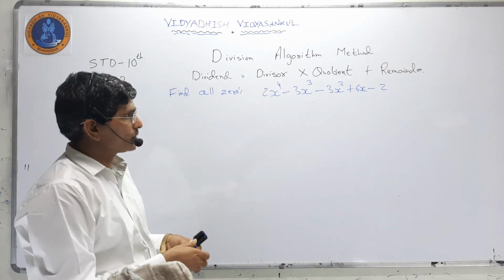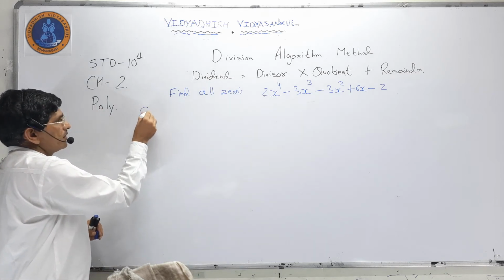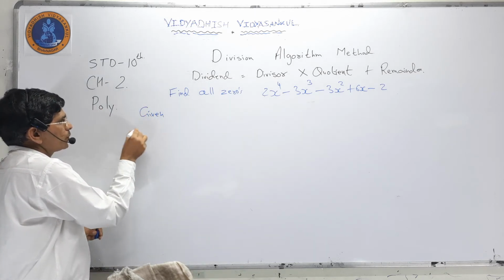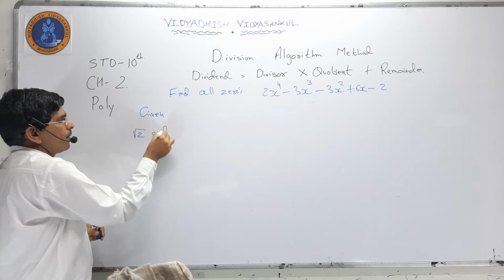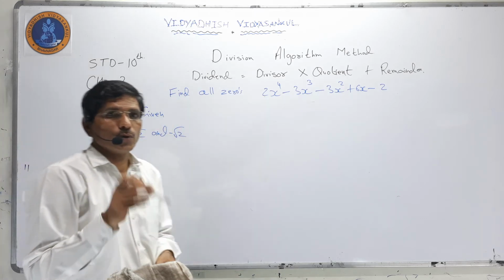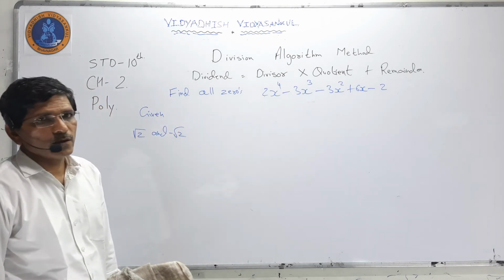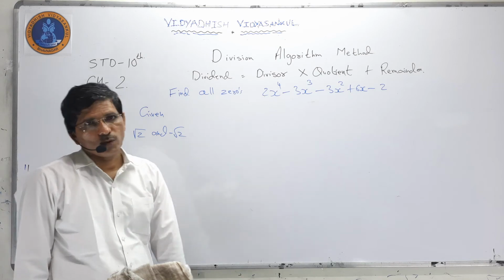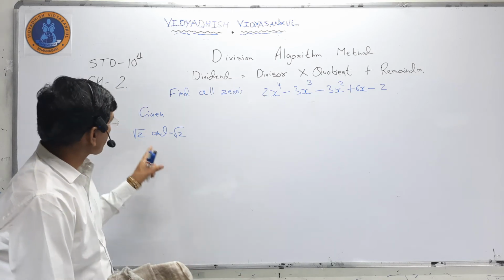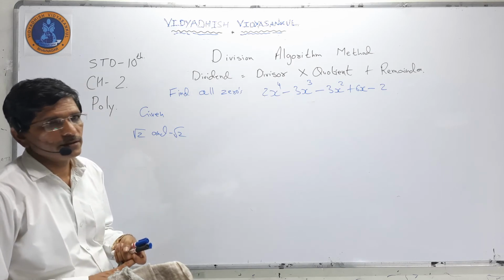So what is given? Root 2 and minus root 2 are given, and we have to find all the other zeros. Root 2 and minus root 2 means 2 zeros are there.